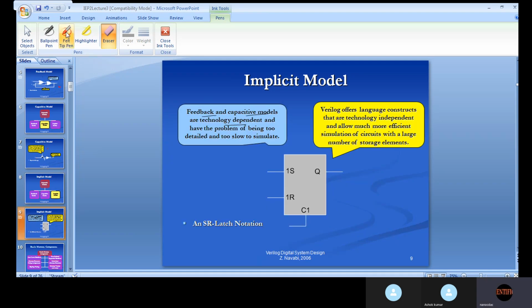In the implicit model, you can see Verilog offers language constructs that are technology independent, and they allow much more efficient simulation of circuits with a large number of storage elements. Technology independent means it does not depend upon the technology or size of the transistor.